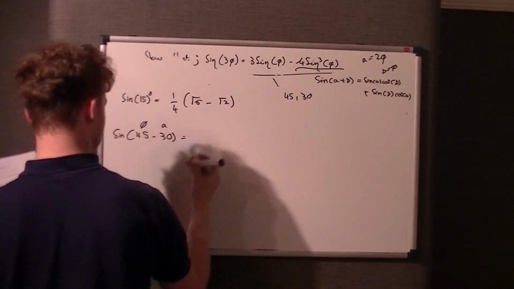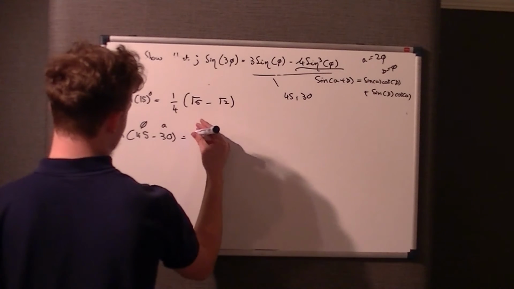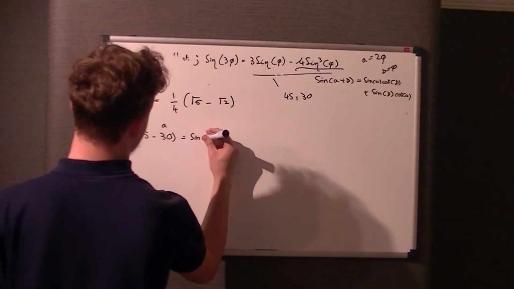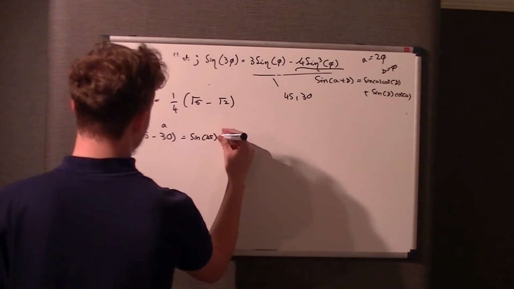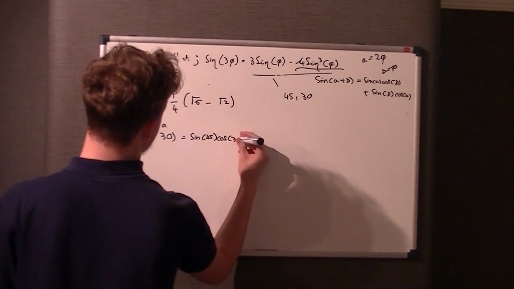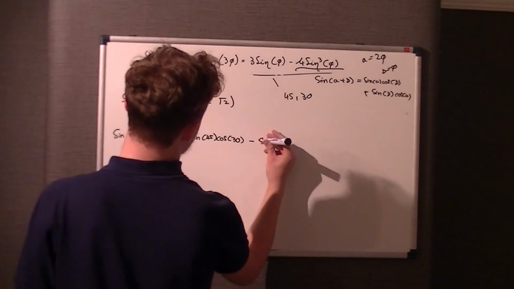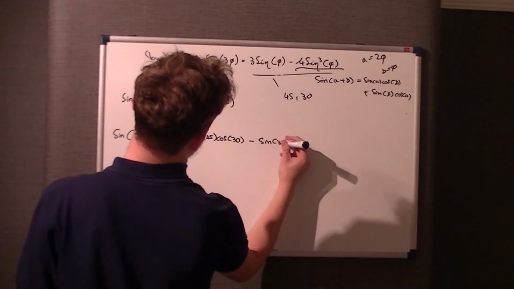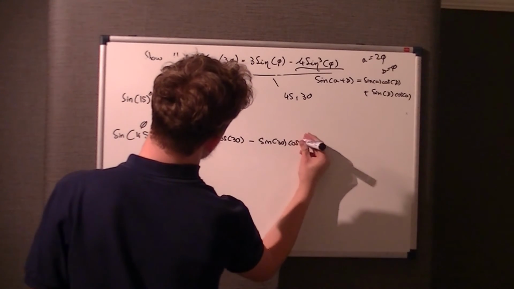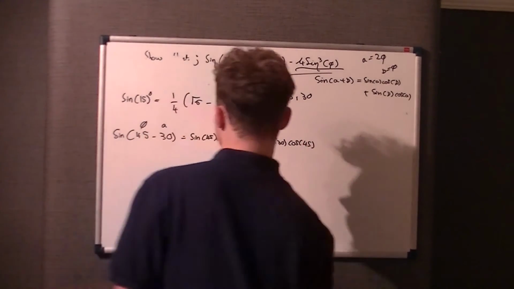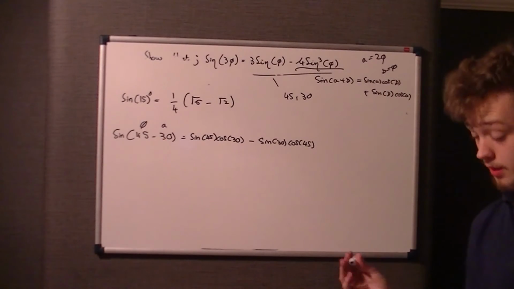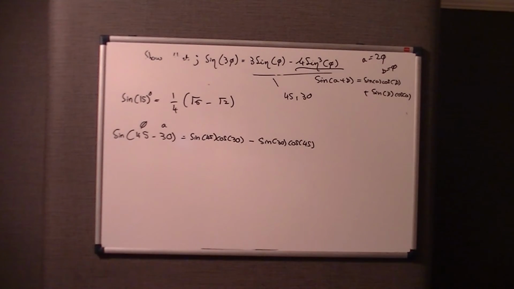It says that's equal to sin θ cos α minus cos θ sin α. So it's sin 45 cos 30 take away sin 30 cos 45. You just sub in your values in your calculator. It goes without saying that it needs to be in degrees.